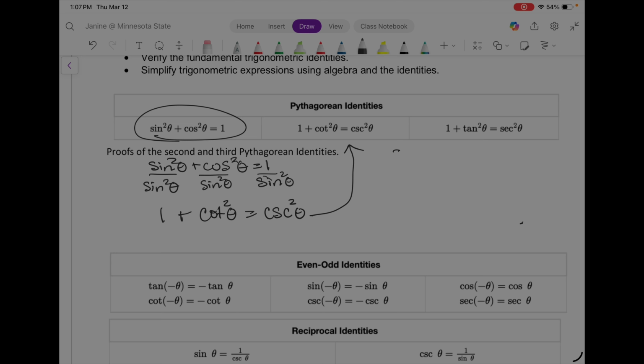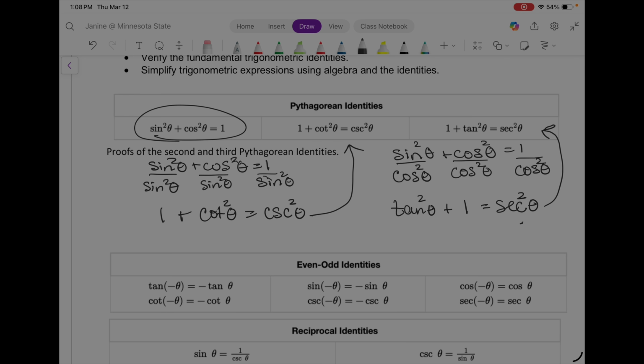Very similarly, if we start back with the original Pythagorean identity, and I divide everything by cosine of theta squared, we will find ourselves at tangent of theta squared plus 1 is equal to secant of theta squared, and that is the other one. Okay.